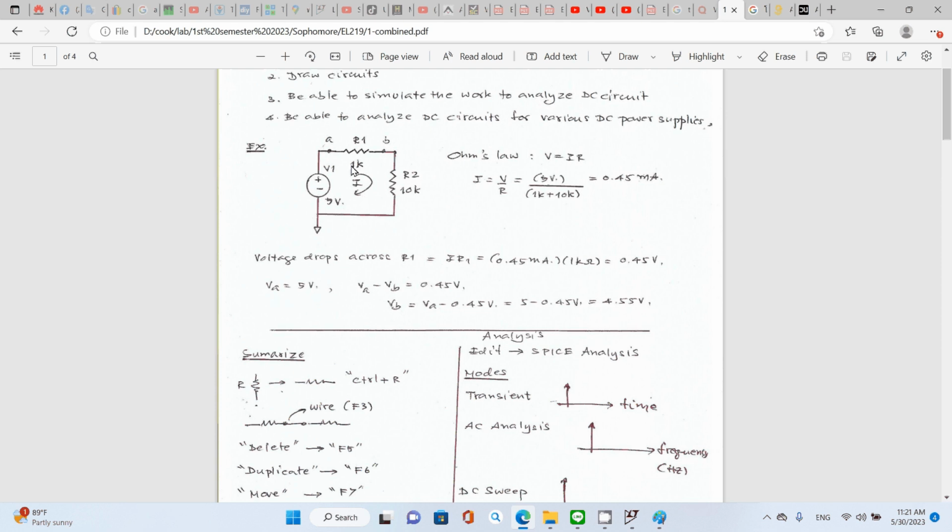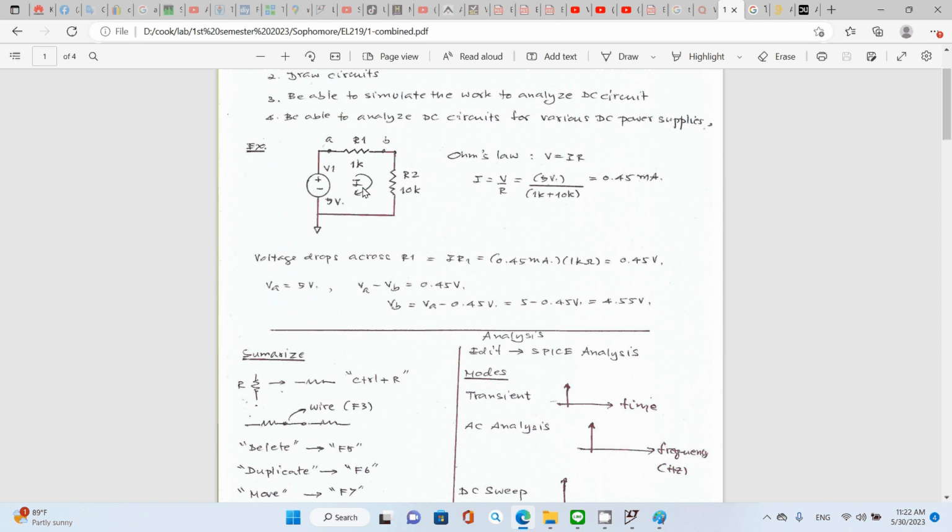In this case, the current flowing through R1 and R2 is going to be the same because they are connected in series. You have a supply voltage of 5 volts, and the total resistance is going to be 1K plus 10K. That ends up with 0.45 milliamp.